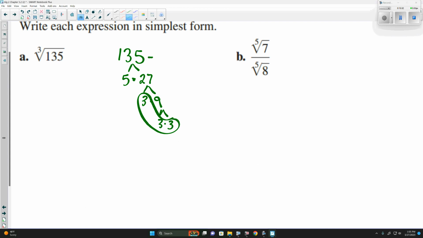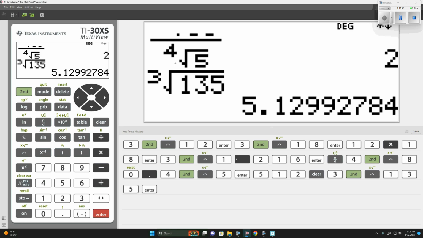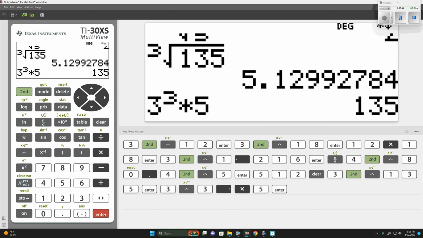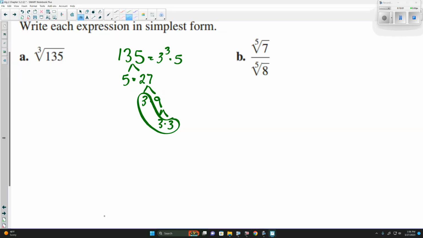So 135 is 3 cubed times 5. And I mean, if we want to make sure, we can do it in the calculator: 3 to the third times 5 is indeed 135. So what that's telling us is that we're taking the cubed root of 3 to the third times 5.